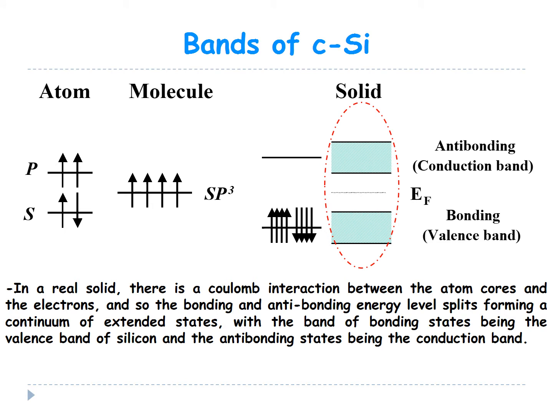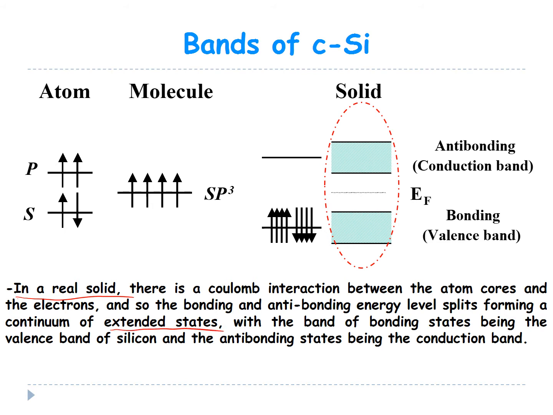Now, this is very, very important. In a real solid, there's Coulomb interaction between the atom cores and the electrons, and so the bonding and antibonding energy levels split, forming a continuum of extended states.